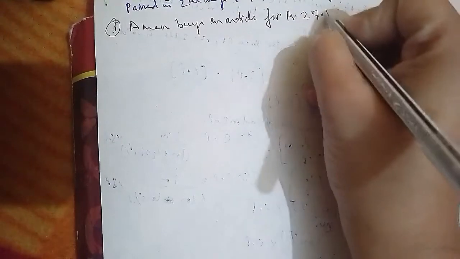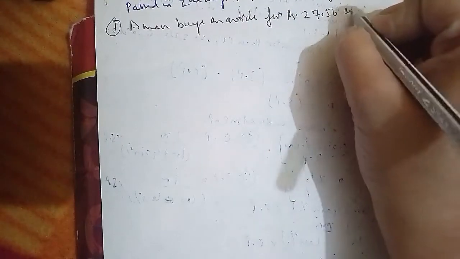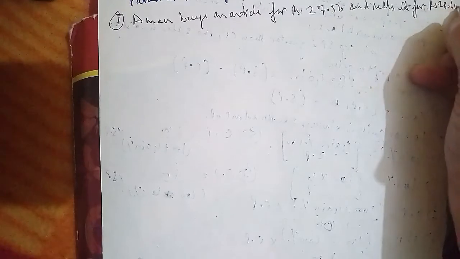So we have the first question of the session: a man buys an article for rupees 27.50 and sells it for rupees 28.60.